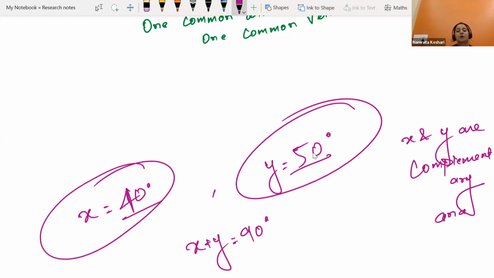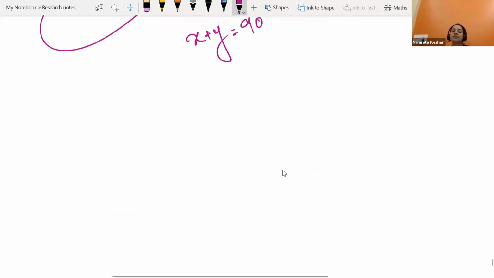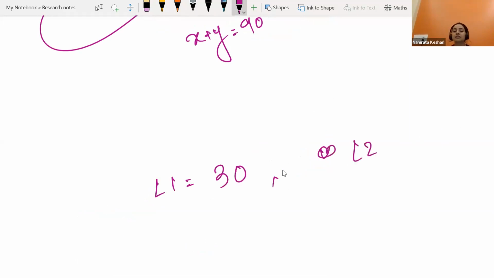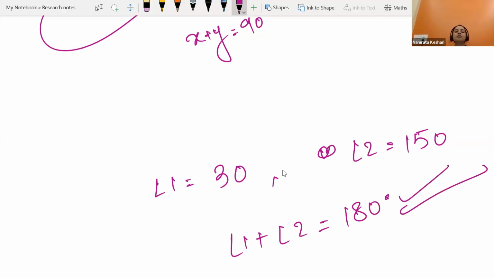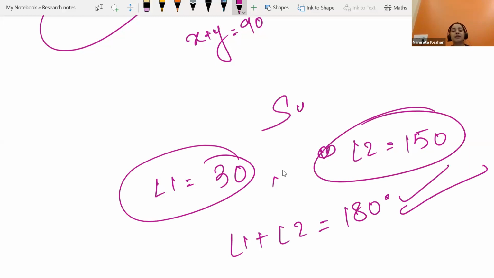Everyone knows it or not? And supplementary: when the sum of two angles is equal to 180 degrees, then we will say this angle and that angle are supplementary with each other.